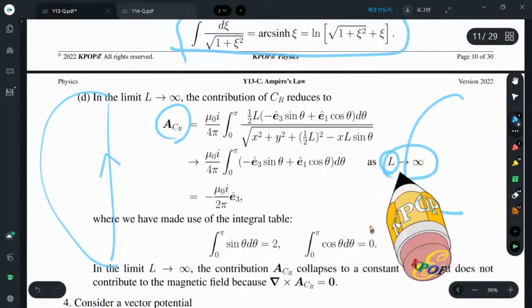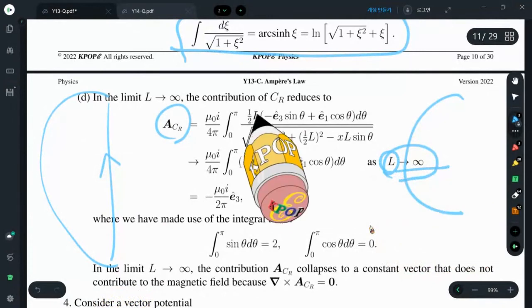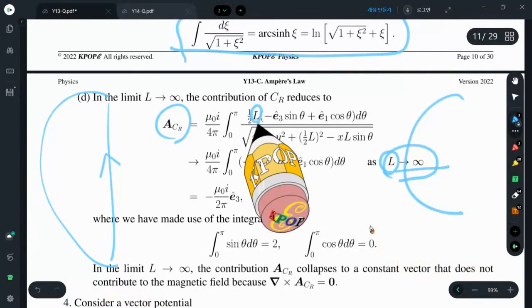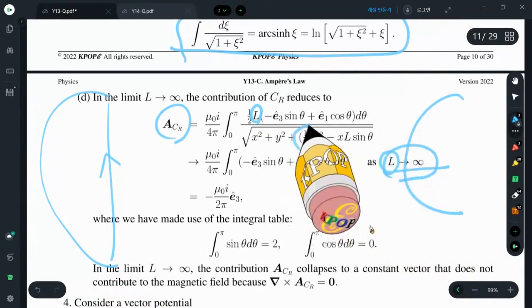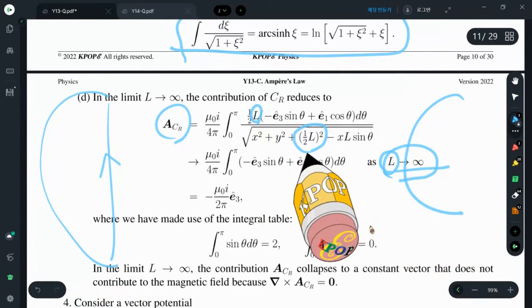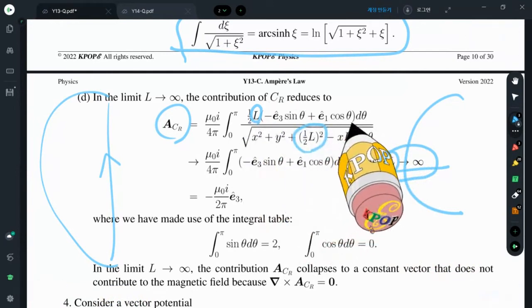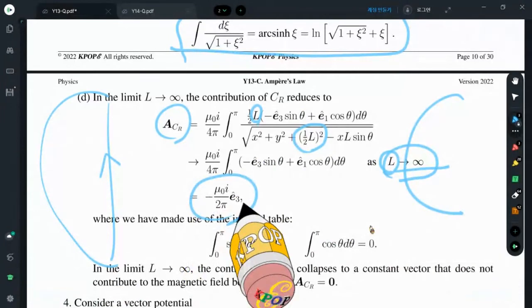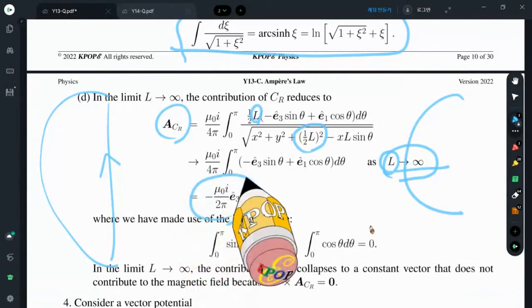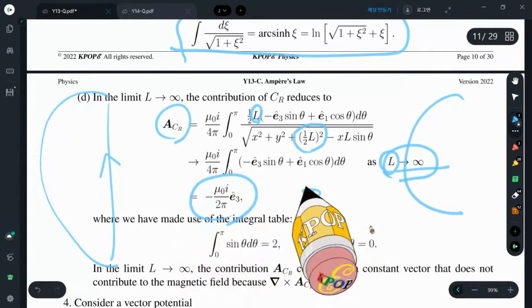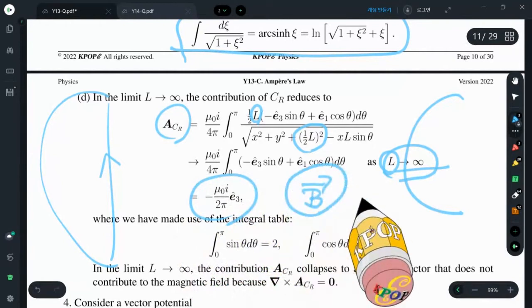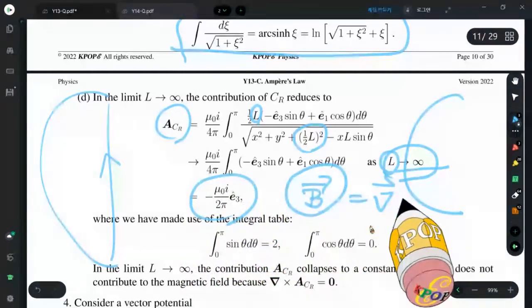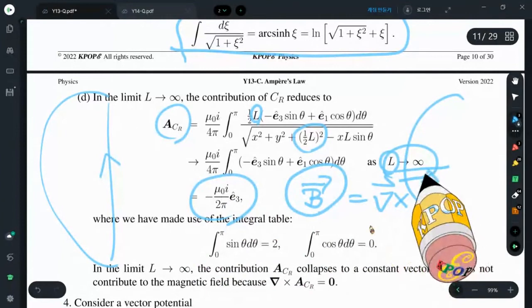If we increase L to infinity, this is proportional to L. The denominator is dominated by this one. They cancel. It becomes a constant field. If it is constant, what happens? If I want to compute the magnetic field, it must be obtained by taking the curl.